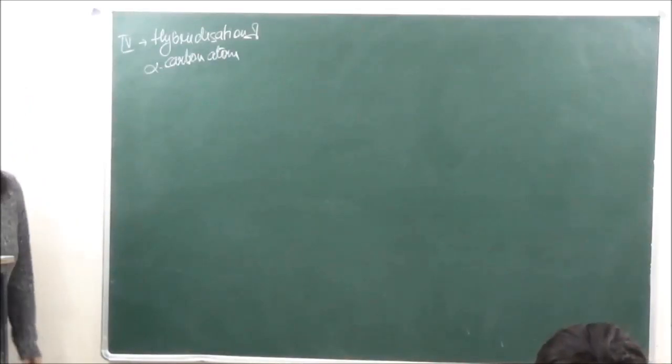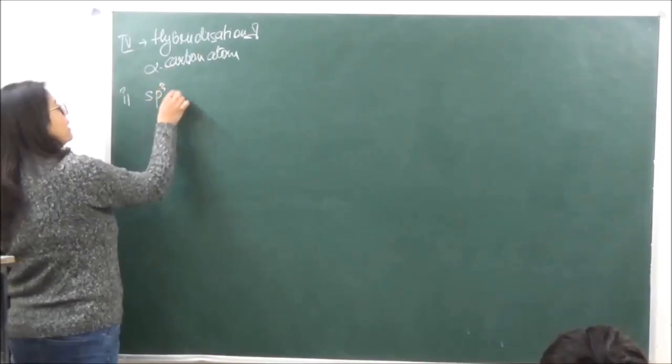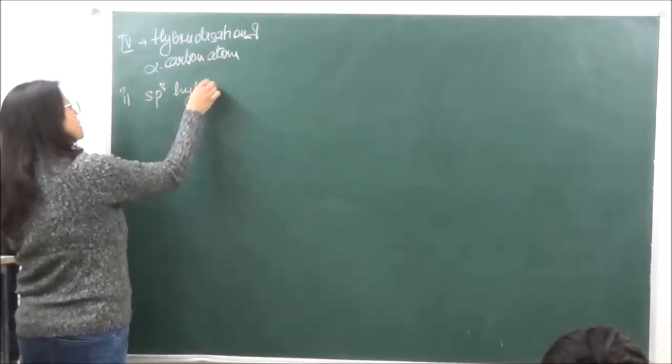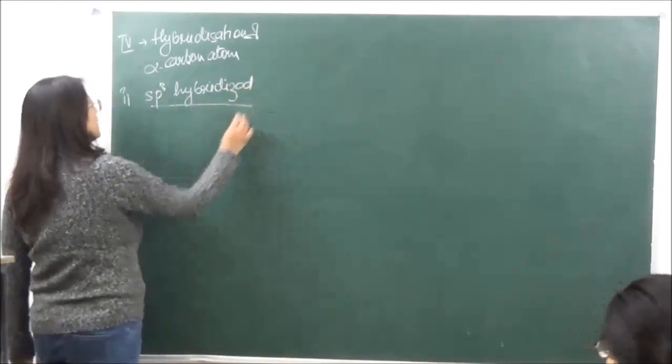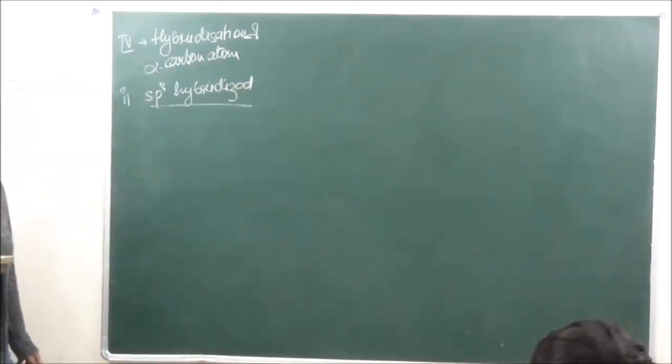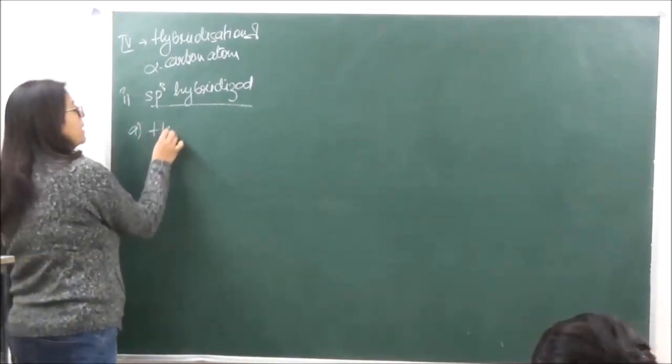So over here we have compounds containing sp3 hybridized alpha carbon atom, right? The first one in this category, they are the normal haloalkanes.